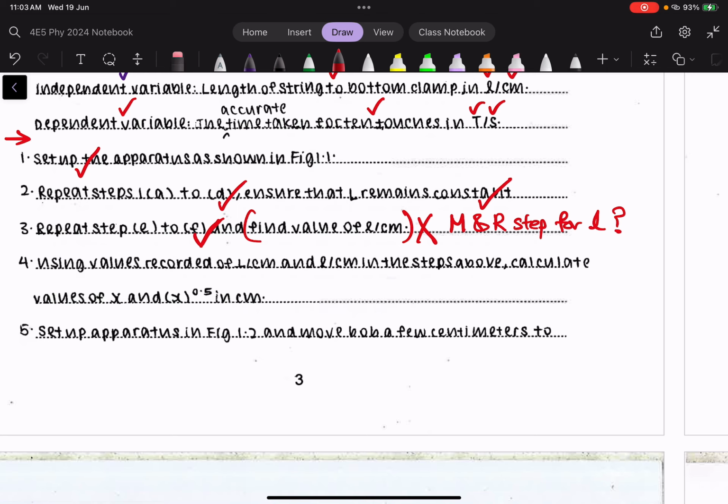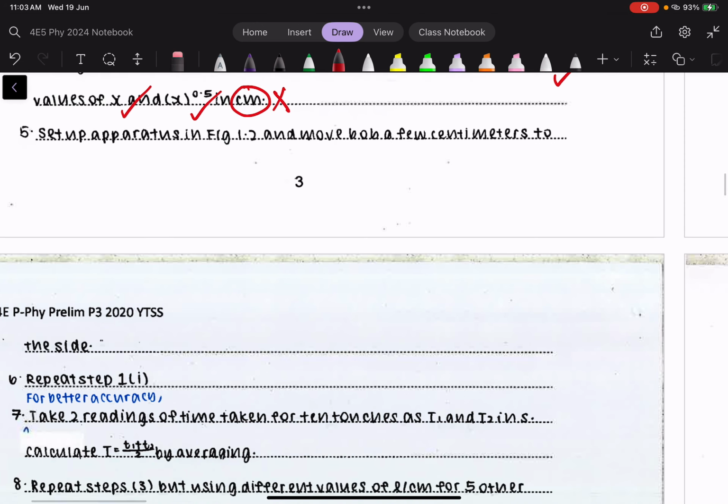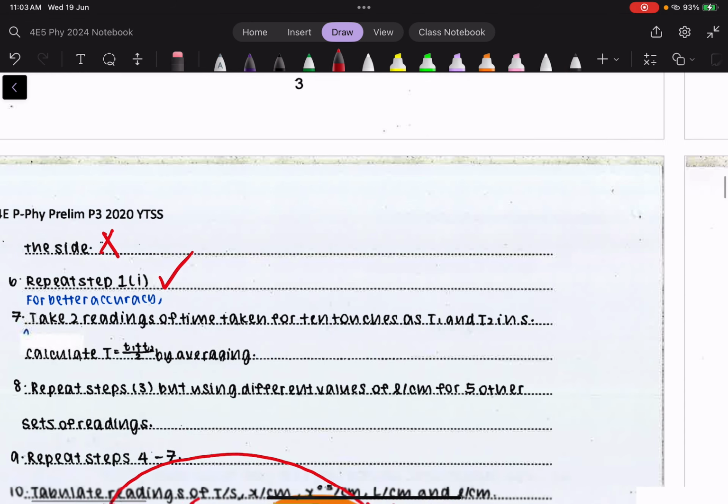Then you talk so much. Actually all these are not needed. You just say what you want to calculate, just tell me what you want to calculate. And again the same mistake, never learn. This one actually no mark, you just tell me what you want to repeat.